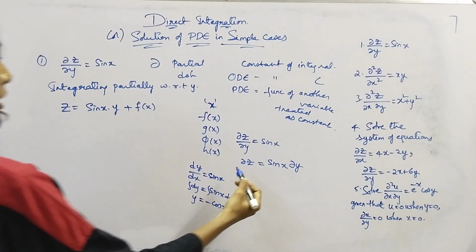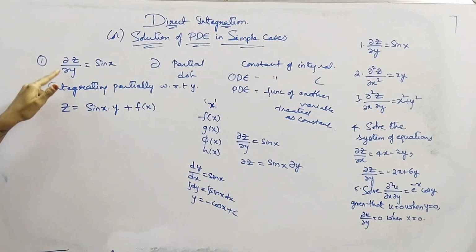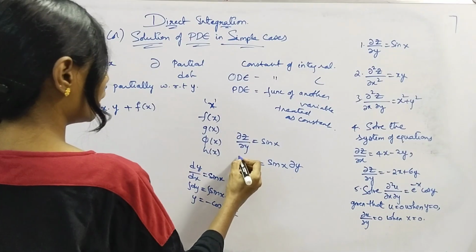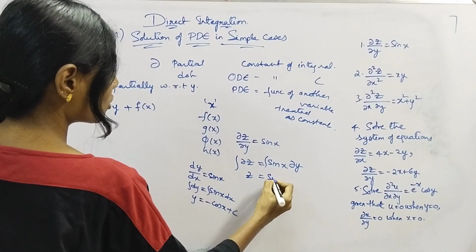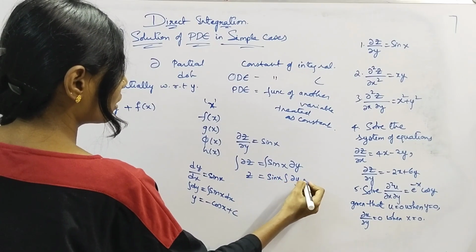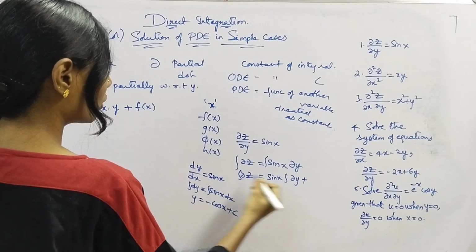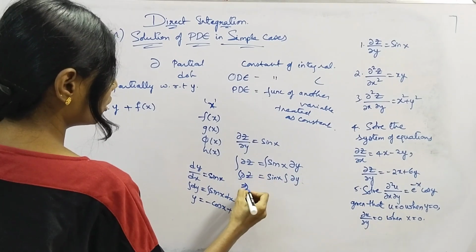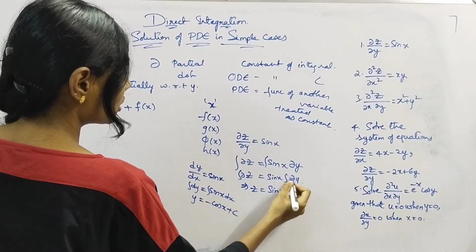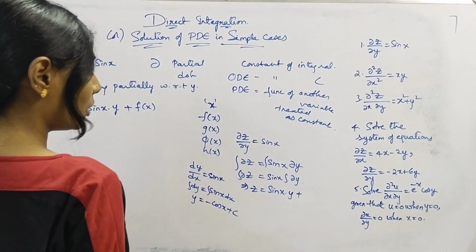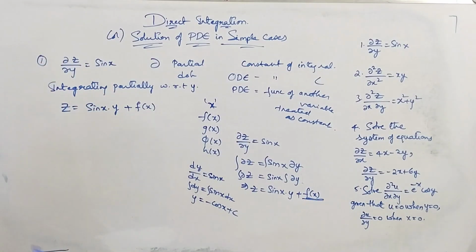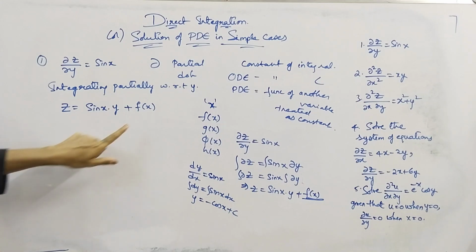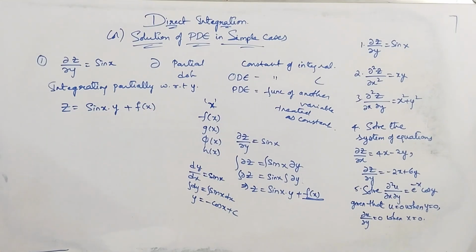Likewise here we'll partially integrate, because we have the partial sign. Then what we'll get is z = integral of sin x, treating it as constant, times ∂y. So z = sin x times the integral of ∂y, which is y, plus some integral constant, which is a function of x, f(x), where f(x) is an arbitrary function.